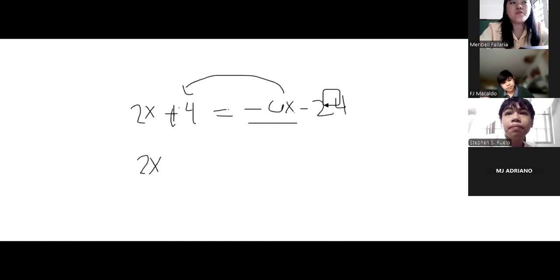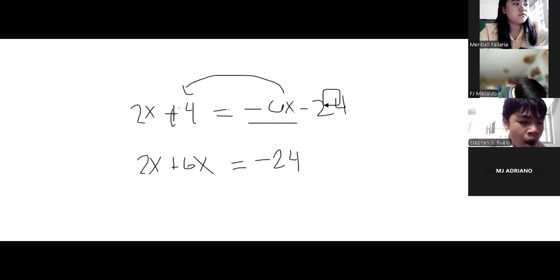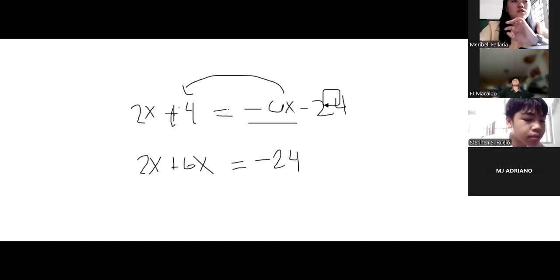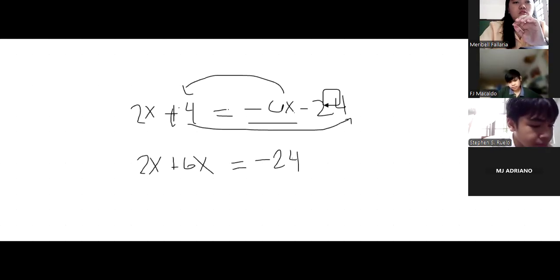Negative 6x, when we transfer to the other side, will become positive 6x, tama? Equal, and then we're going to have negative 24 on this side na lang. And if we transfer positive 4 to the other side, it will become negative 4. Tama? Transfer and change the sign.